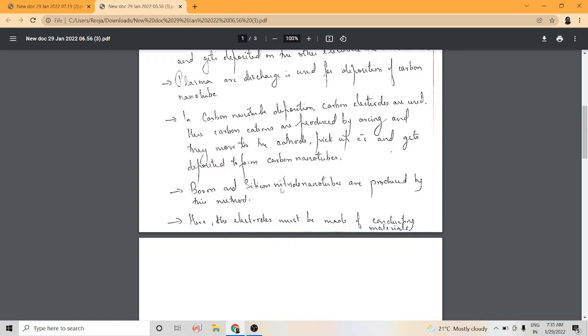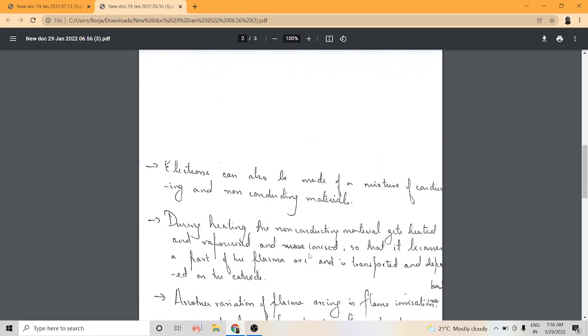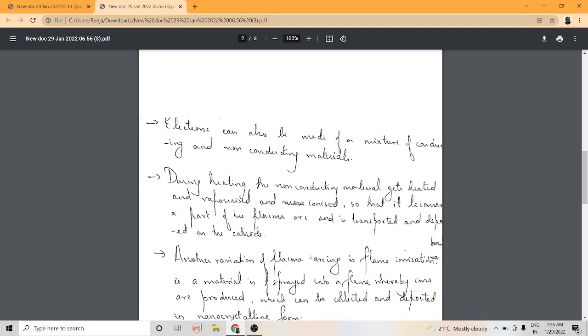Boron and silicon nitride nanotubes are also produced by the plasma arc discharge method. Here the electrodes must be made of conducting materials. The electrodes can also be made of a mixture of conducting and non-conducting materials.